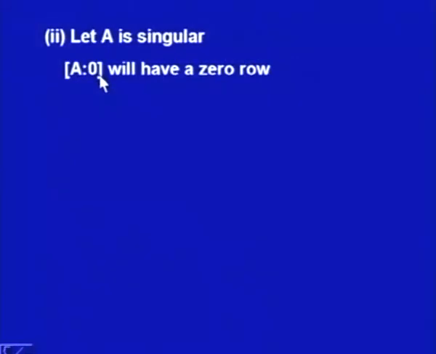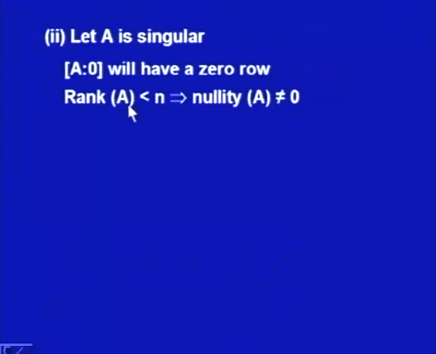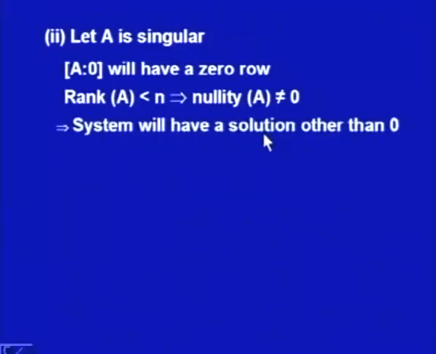Now, in the second part, we say A is singular. If A is singular, that means the augmented matrix will have a 0 row, and if it has a 0 row, then rank of A is less than n. This implies the nullity of A is not 0, and that means the system will have a solution other than 0.